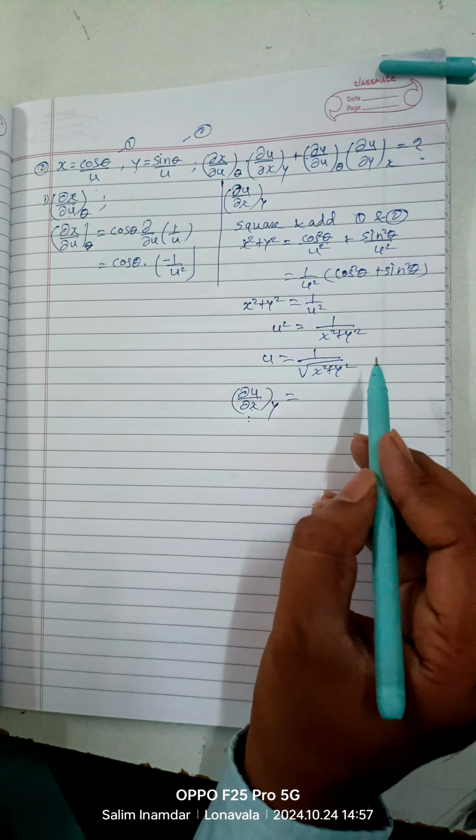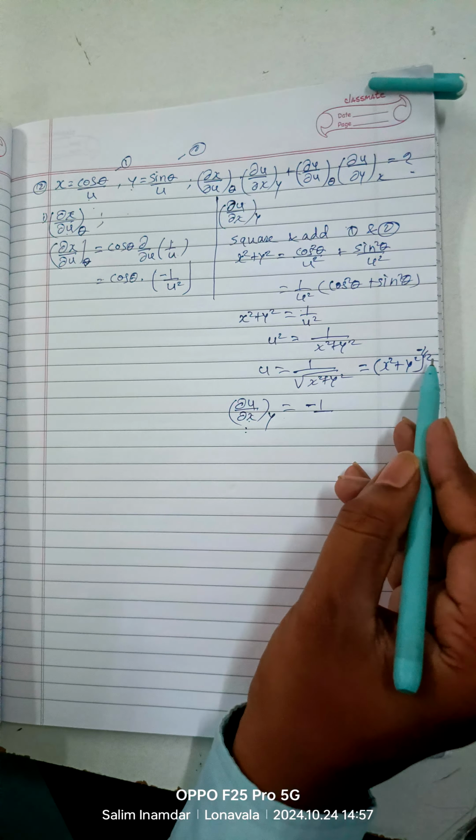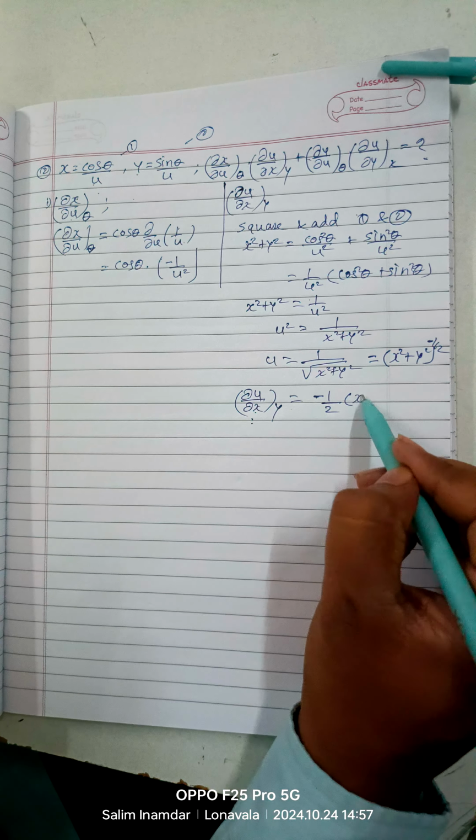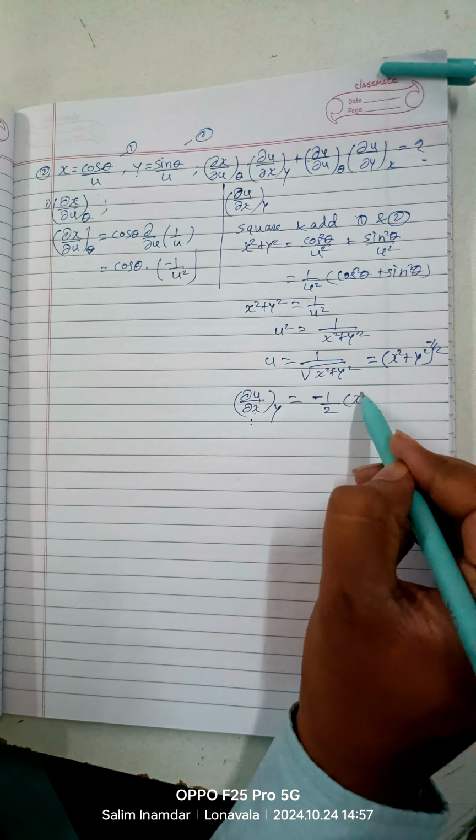So what we'll do, we'll rewrite this as x square plus y square raised to minus 1 half. Is it okay? And then we'll take the derivative of this by using the formula n x raised to n minus 1. So n is our minus 1 half. So minus 1 half into x square plus y square bracket raised to minus 1 half minus 1. What is it? 3 by 2. Minus 3 by 2.